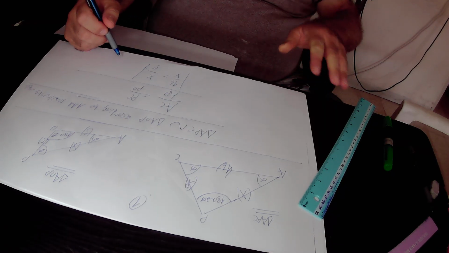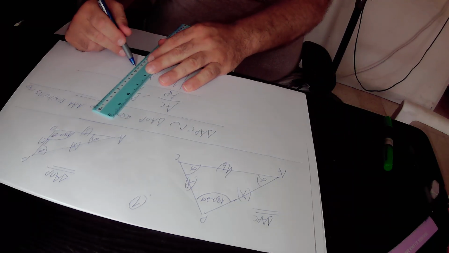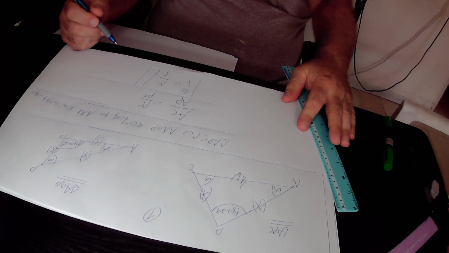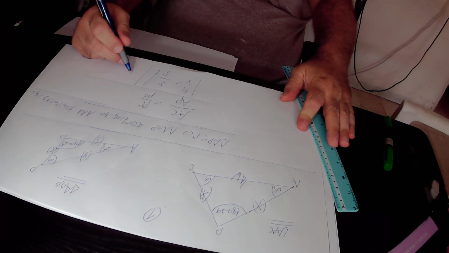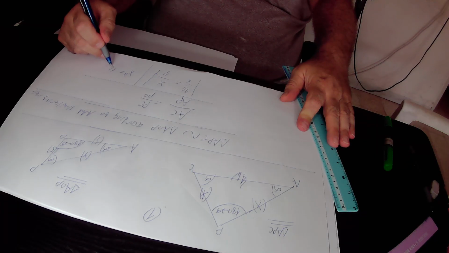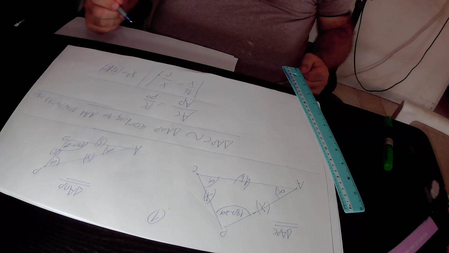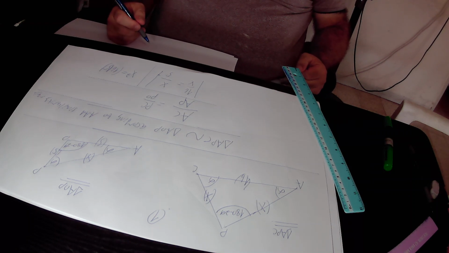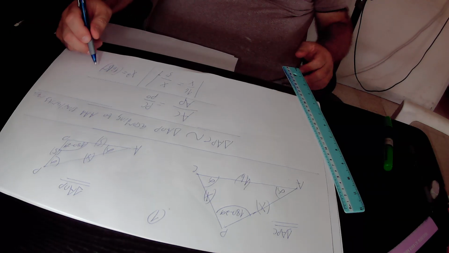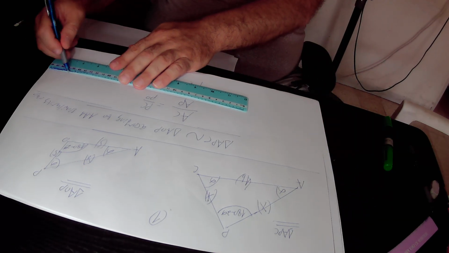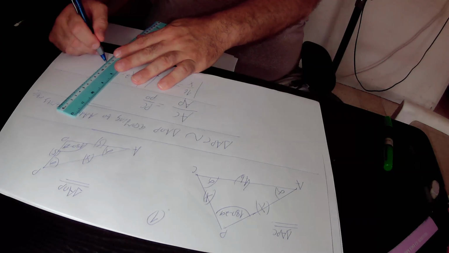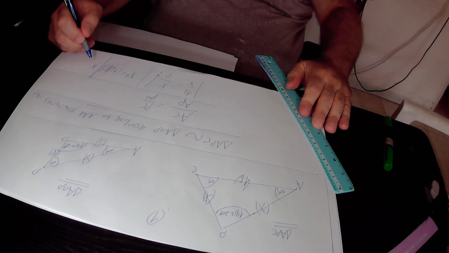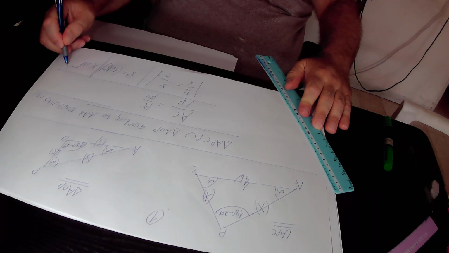Here we cross multiply this equation, and we get that X times X, which is X squared, equals 16 times 5. So X squared equals 16 times 5. Here we take a root of this equation, and finally we get that X equals the square root of 16 times 5.